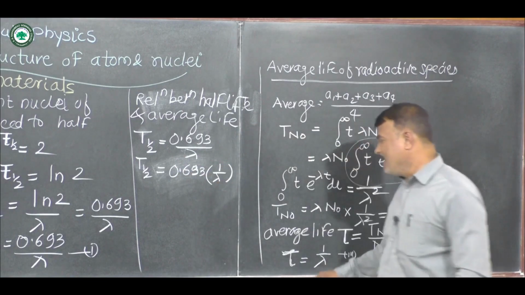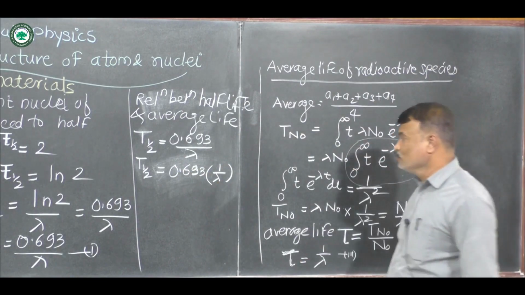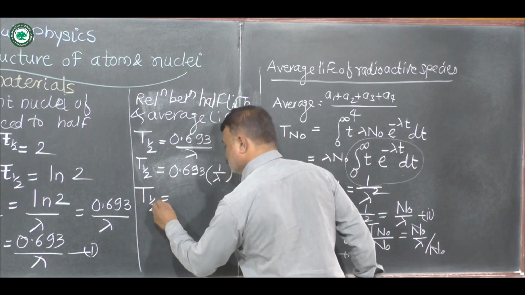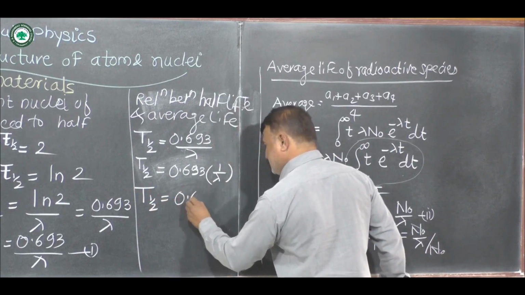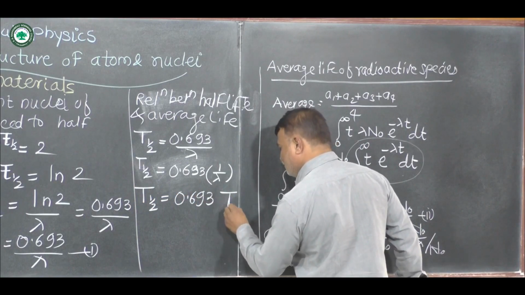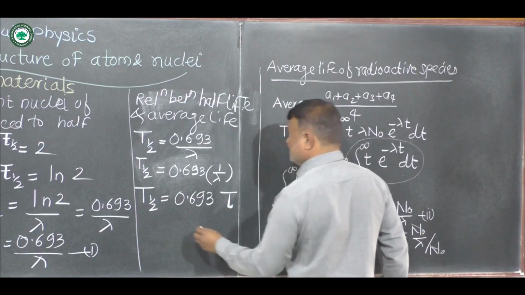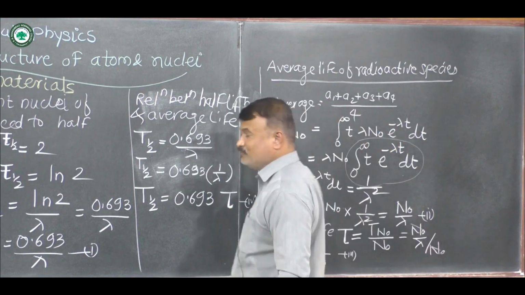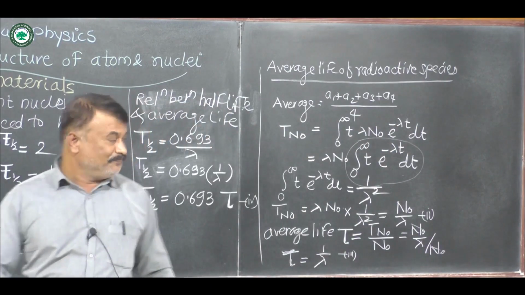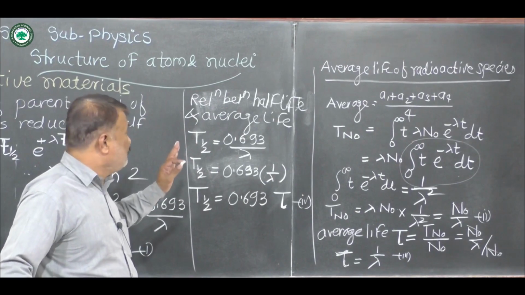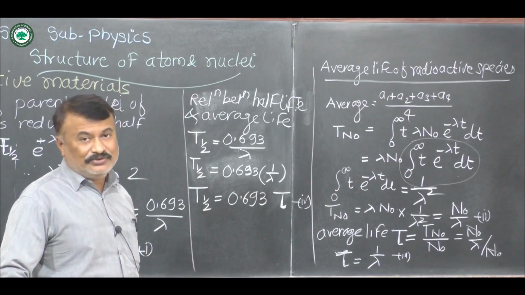But this 1 by lambda is equal to the average life. So we write t half is equal to 0.693 into tau. This tau is the average life. So this is equation 4. This equation 4 gives us a relation between half life and average life of radioactive species.